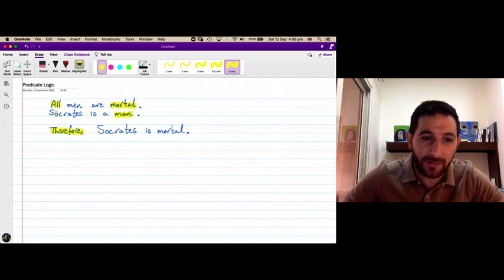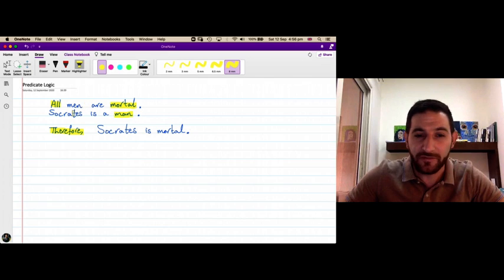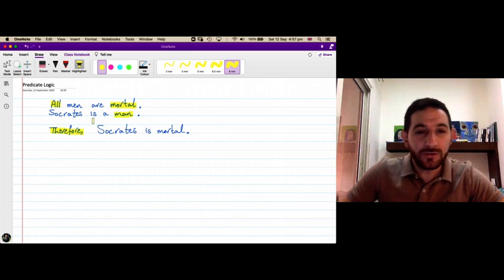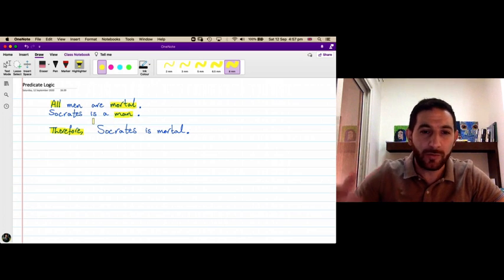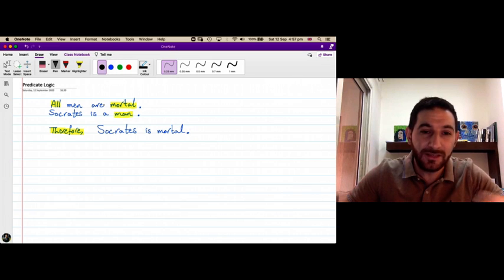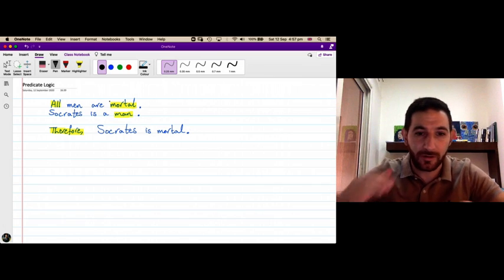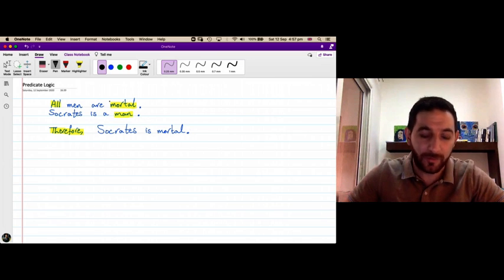Knowing the first two statements, we were able to deduce a third statement. So we want to learn a more powerful logic which will allow us to express these statements and this argument. You have sentences and a deduction, and all of them make up an argument.